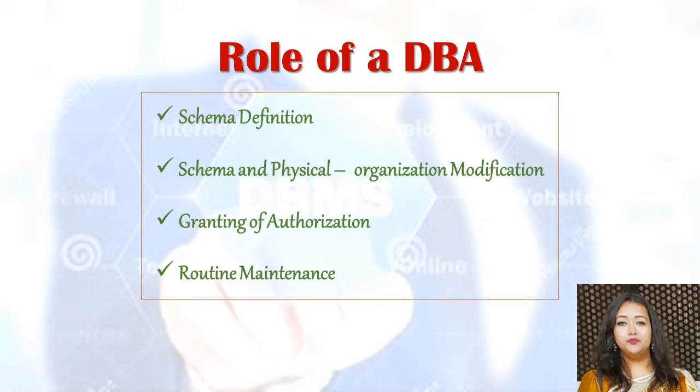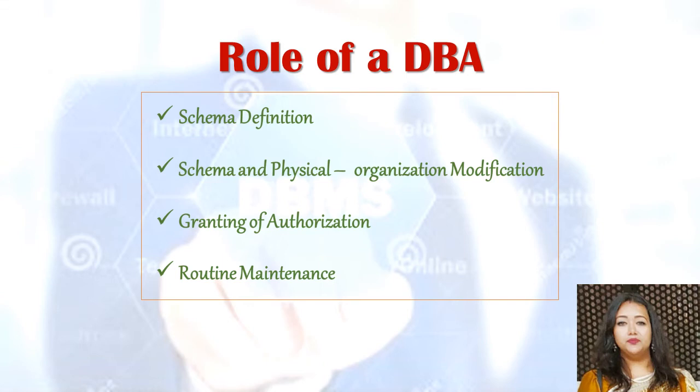A person who has central control over the system is called Database Administrator or DBA. The functions of a DBA include schema definition. That means the DBA creates the original database schema by executing a set of data definition statements in the DDL. Next, schema and physical organization modification.